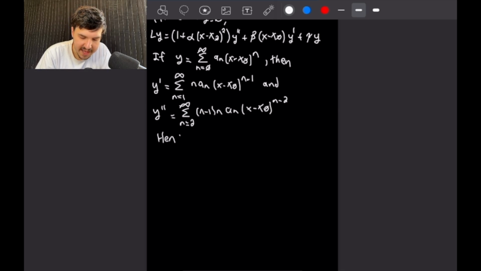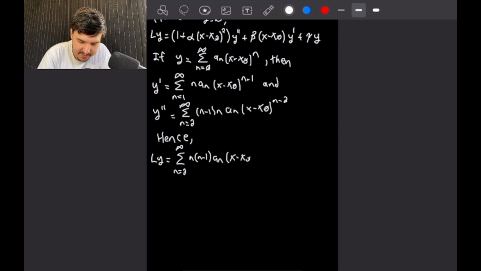So hence, we have the following series representation for our differential equation. We will have that L times y is equal to the sum as n goes from 2 to infinity of n times (n minus 1) times a sub n times (x minus x naught) to the n minus second power.